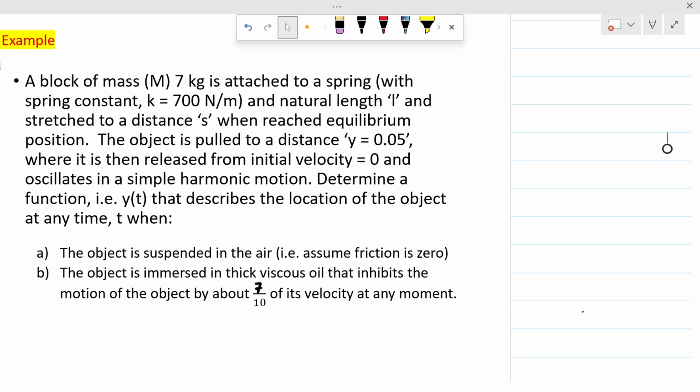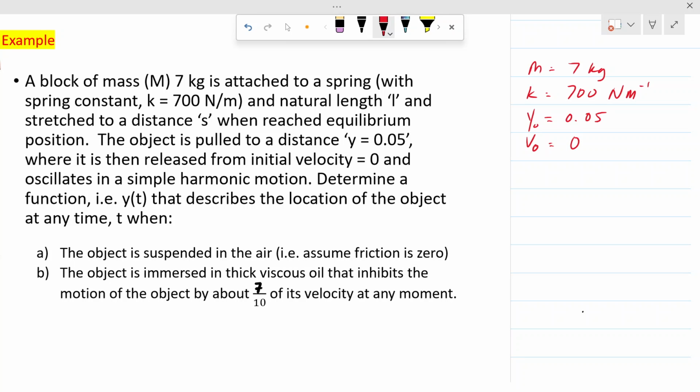Let's write down the information that we have. We have a mass of 7 kg and spring constant equals 700 Newton per meter, and initial position y equals 0.05, and initial velocity v naught equals 0.